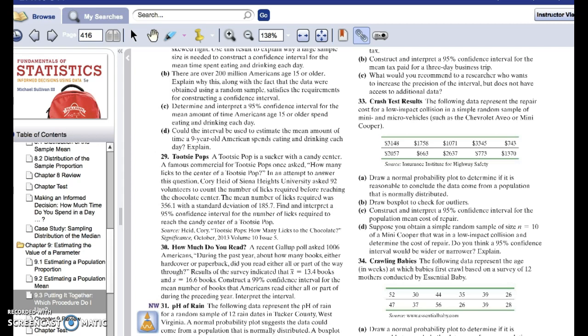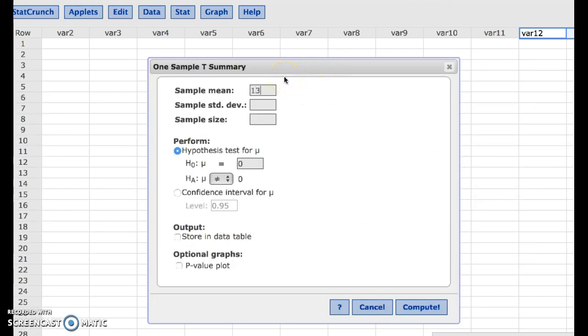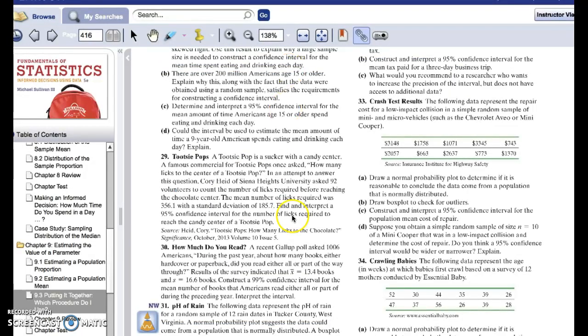Let's see, so it looks like 13.4, 16.6. And here we're choosing a confidence interval, and they specifically asked us for a 99%.